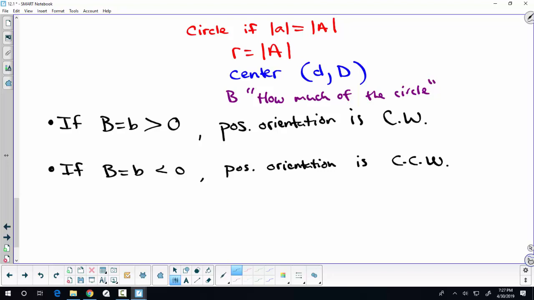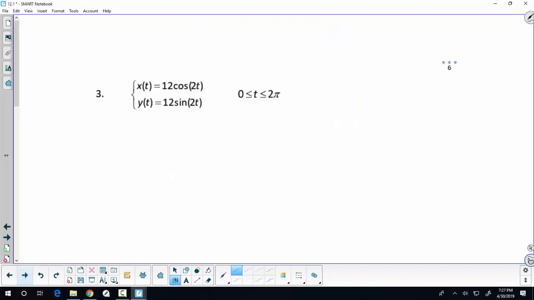That's a lot of information, but here's an example. If x is 12 cosine of 2t and y is 12 sine of 2t, what are we actually looking at there? What does this parametric representation give us? A circle. There's no D, so there's 0, 0.